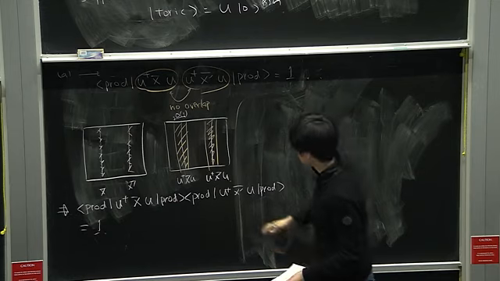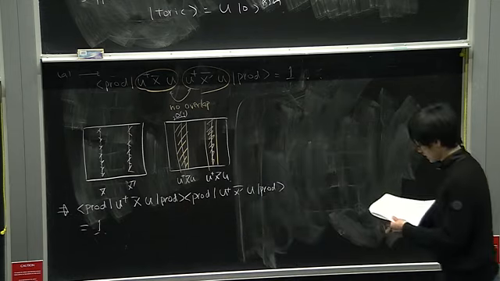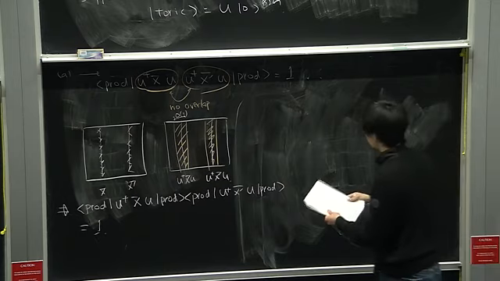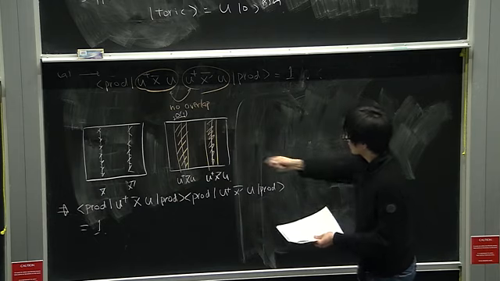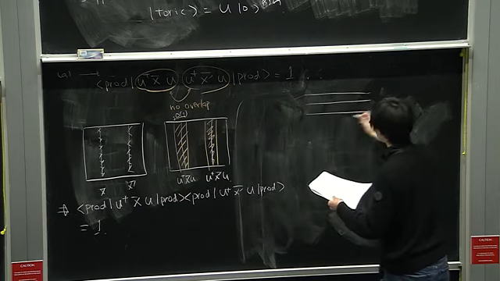Okay, so basically I inserted this product state here. So why is this allowed? The reason is the following. So again, this is a two-dimensional system, but maybe we can just draw a one-dimensional picture.